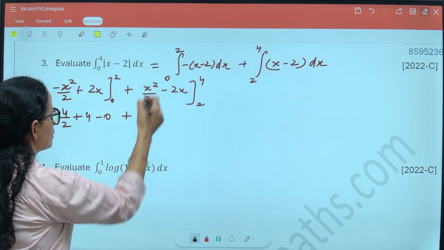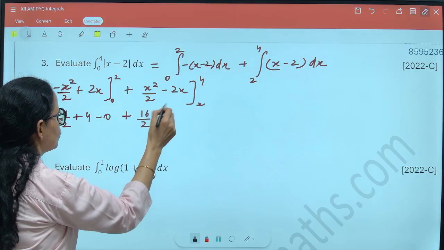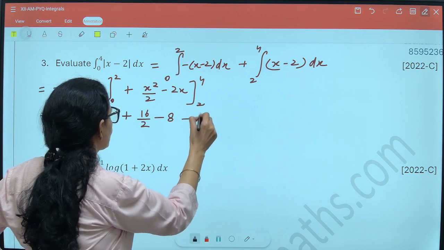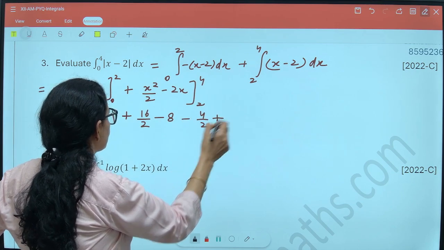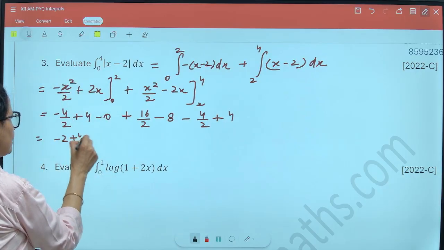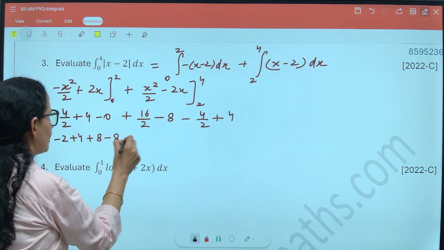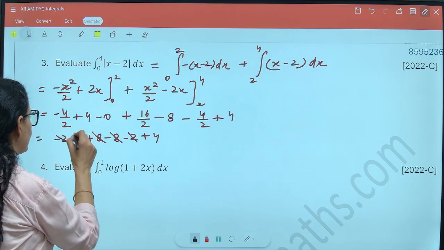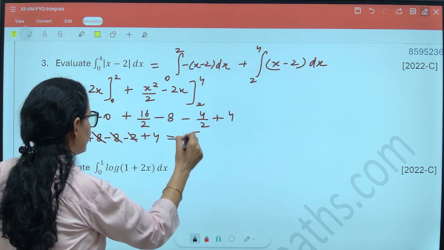Okay, and 4 square is 16, 16 by 2 is 8, minus 2 square is 4 by 2, minus into minus becomes plus, and 2 into 2 is 4. So this becomes minus 2 plus 4 plus 8 minus 8 minus 2 plus 4. 8 and minus 8 get cancelled, minus 2 and 4 get cancelled, so we are left with only 4.